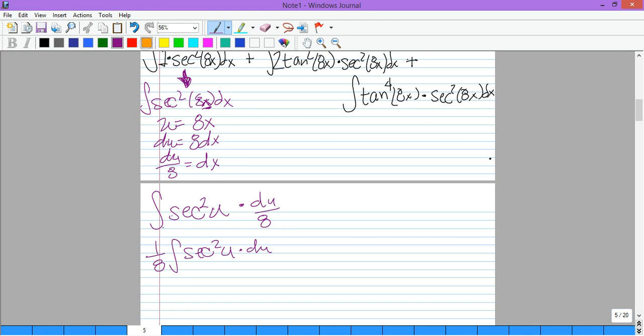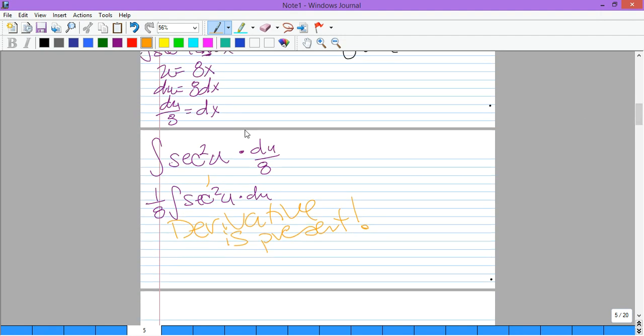And what I see here is that the derivative is present. It's very important when you're integrating. You have to make sure that the derivative is present. Not only with integration, something you gotta have is the u sub. That's usually what gets done. But you also gotta make sure that the derivative is present. If anything, remember that you gotta have your derivative present and do the u substitution. Okay.